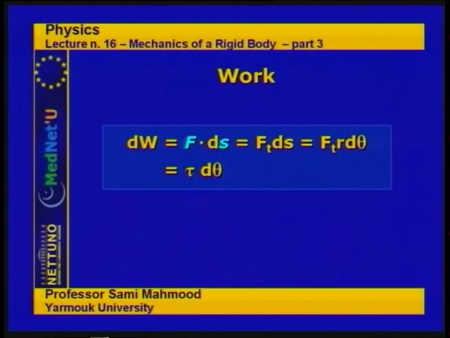Now, we have mentioned that we can relate the work and kinetic energy. How can we calculate the work? The work, in the usual sense, is calculated by the vector dot product between the force and the displacement.